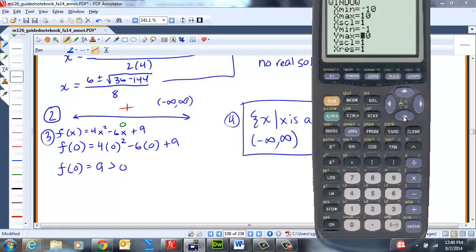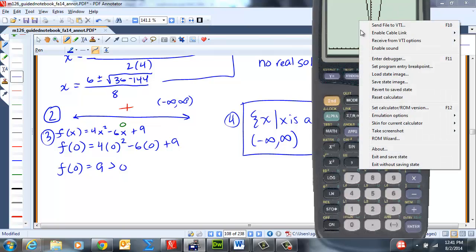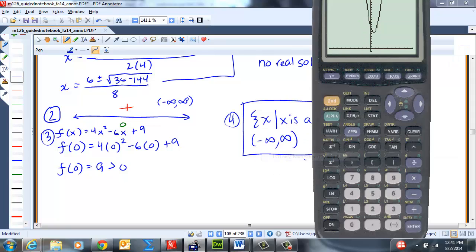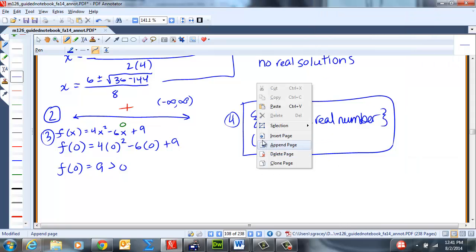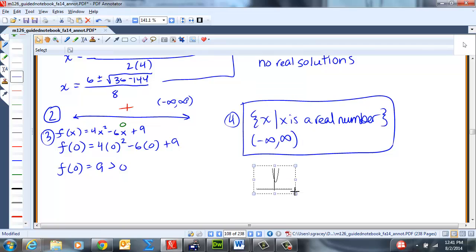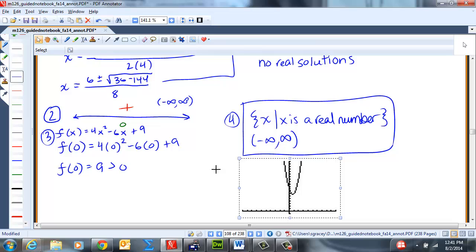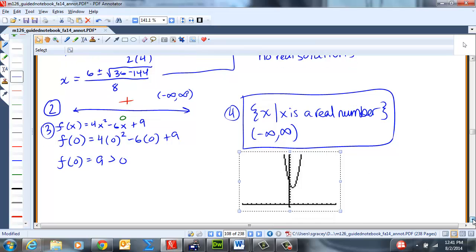So we'll have something like this. So as you notice, this one is above the x-axis. It's never going to cross the x-axis, which is why we got complex solutions instead of real solutions. So if you take a look at the graph, do you see all y values are going to be positive?